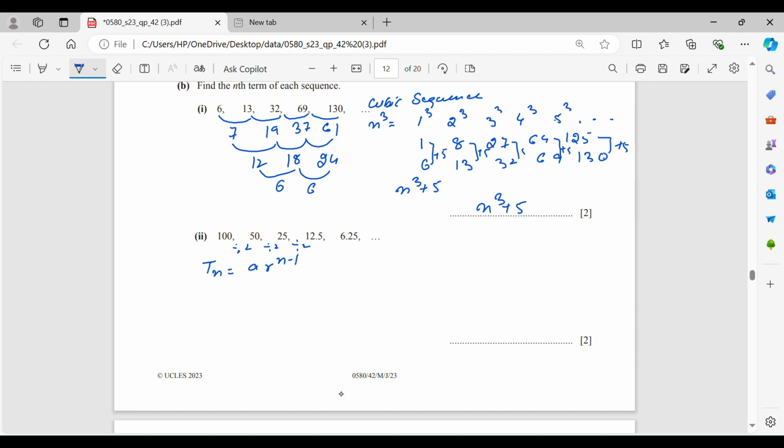The first term is 100, and the common ratio is 1 by 2, divided by 2, or it can be multiplied by half, right? So the common ratio is half, raised to the power n minus 1. So this will be our sequence: 100 bracket 1 by 2 raised to the power n minus 1.